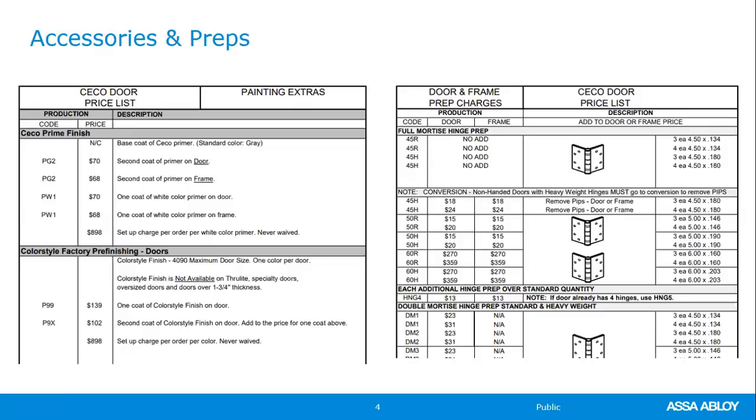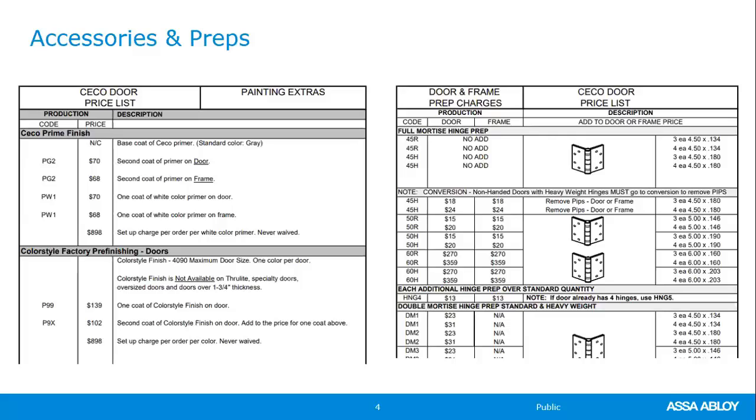So you may have 10 doors, and on those 10 doors, you're going to get charged one time $898, and then the additional charge of, say, a second coat of primer is $68 for the frame. Second coat of primer on the door is $70. So you'll have that for each door, and then a one-time $898 setup charge. So just watch out for that.